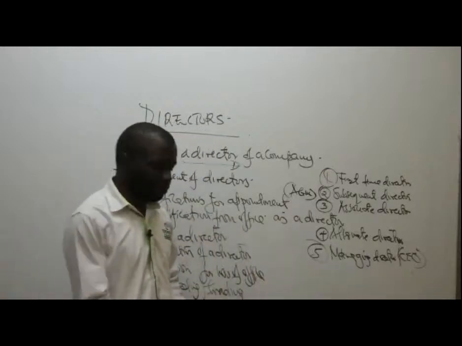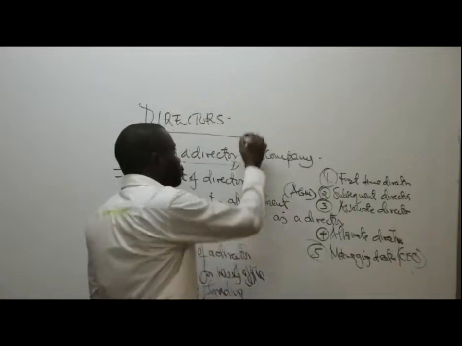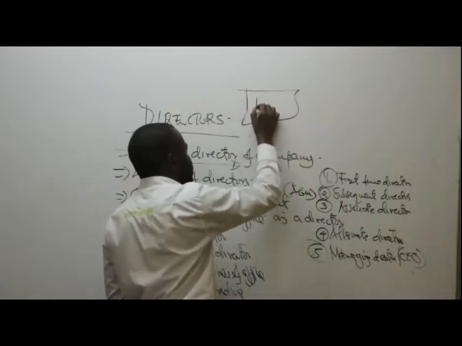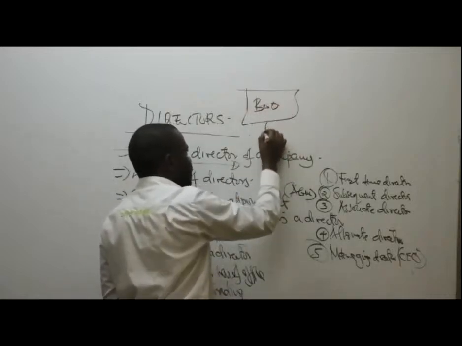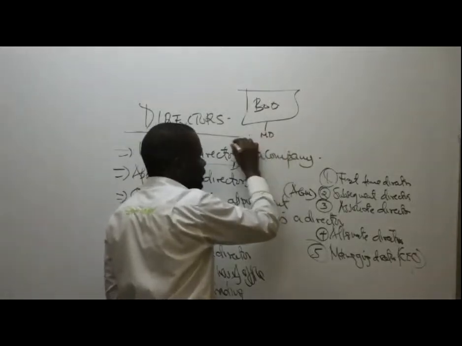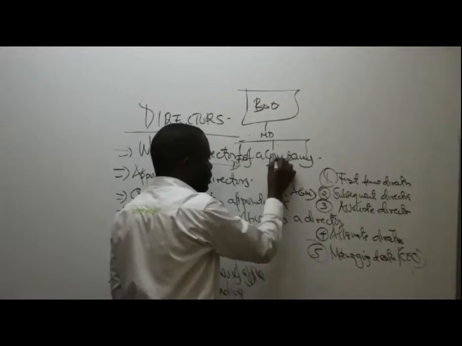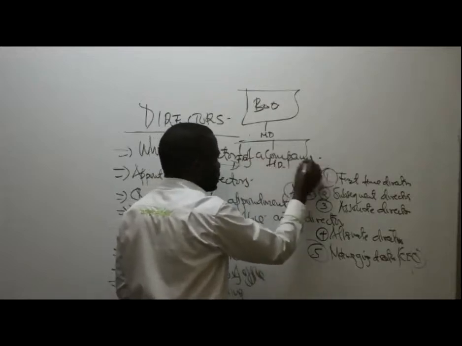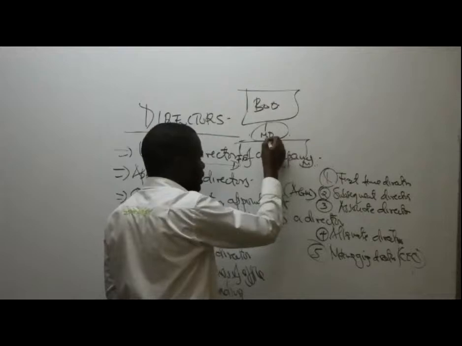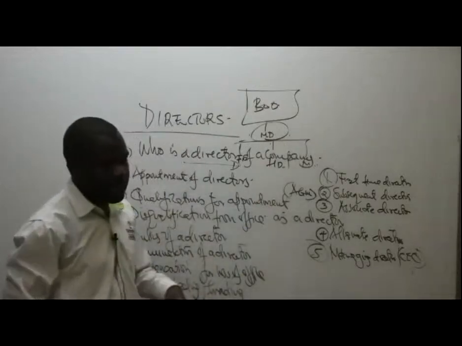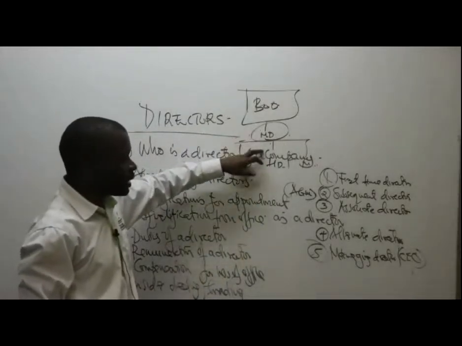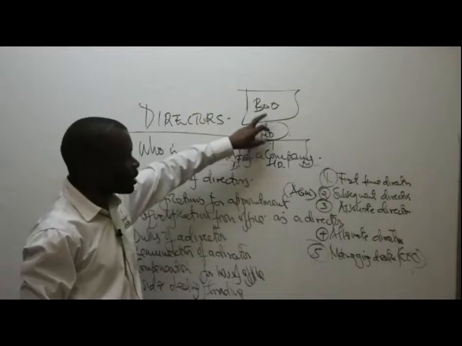So in most company structures, you'll see at the top the board of directors, then a link here, an MD, then down here, for example, financial managers, human resource managers, marketing managers. They sit under the managing director. He simply acts as a link between the company's operations and the board of directors.